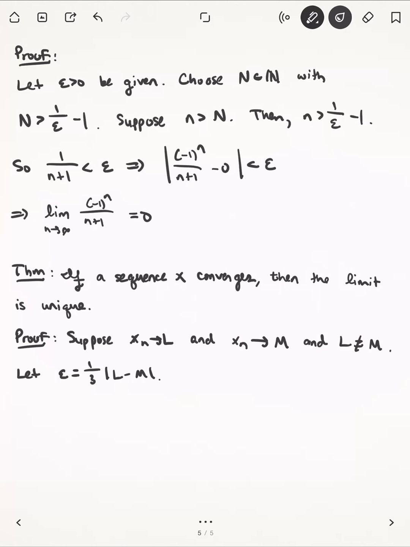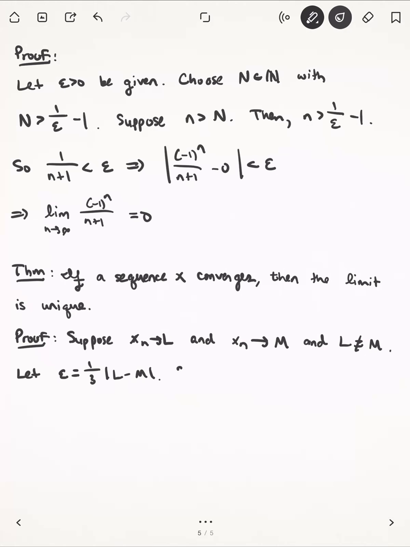We're going to choose epsilon so small that any point in the sequence cannot be within epsilon of both L and M at the same time.